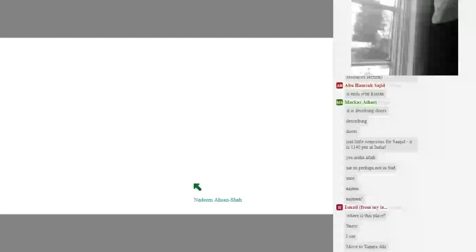The example is there. Liman hadhihi al-buyut al-jadida. Who do these new houses belong to? Liman, to whom do these new houses belong?